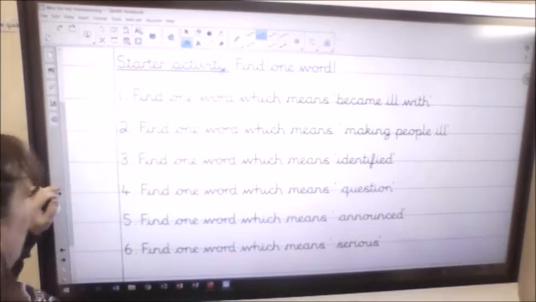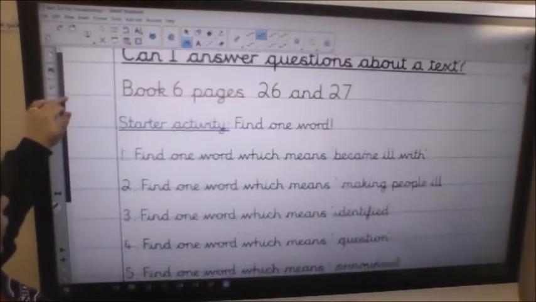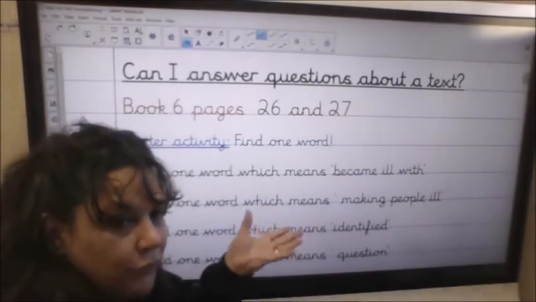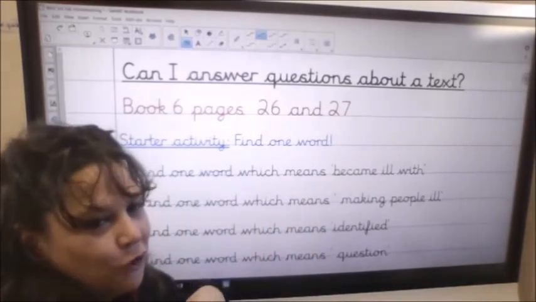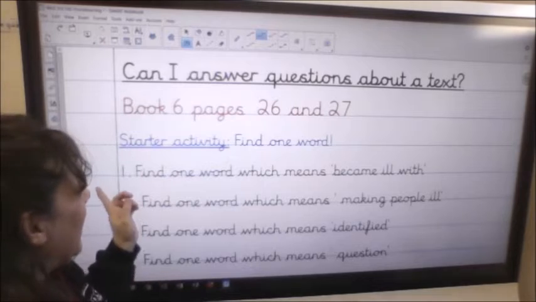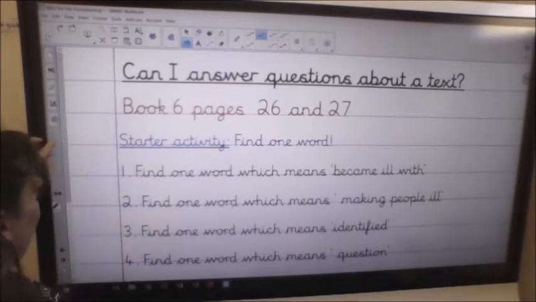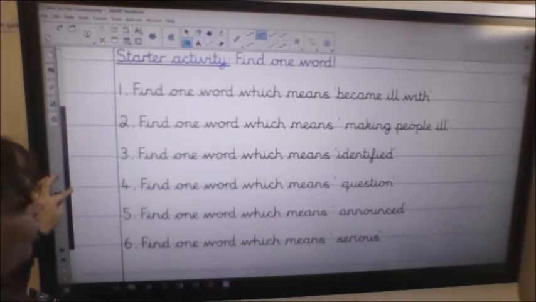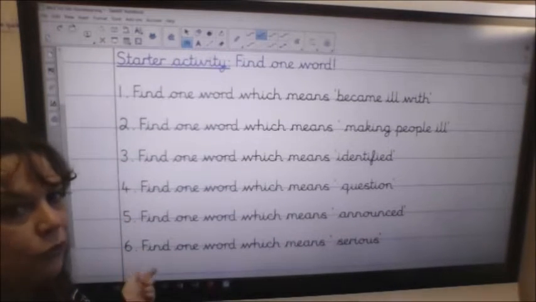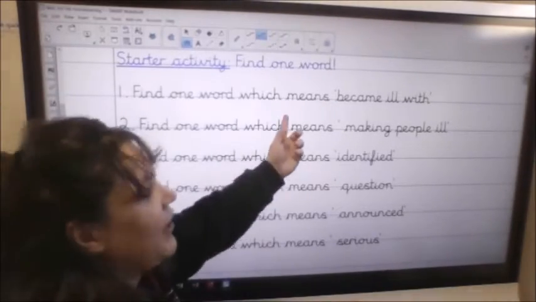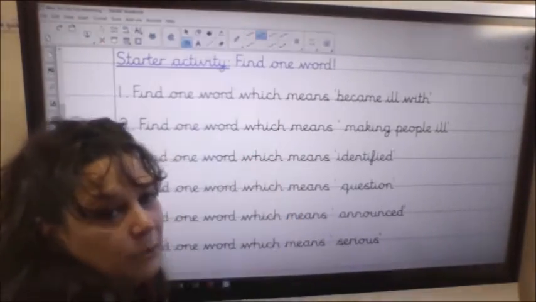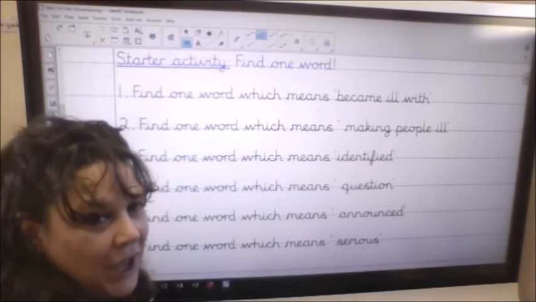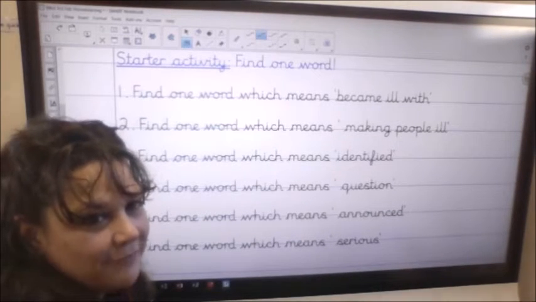So you are going to put the learning question, can I answer questions about a text, underneath your beautiful Fs that you have just written. Okay, and you don't need to write the whole sentence out. All you need to do is put 1, 2, 3, 4, 5, 6 in your margin and find me the words that I am looking for in your text. Okay, pause the video and off you go with your starter.